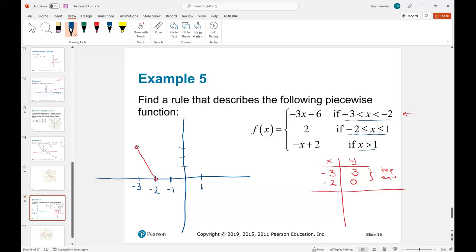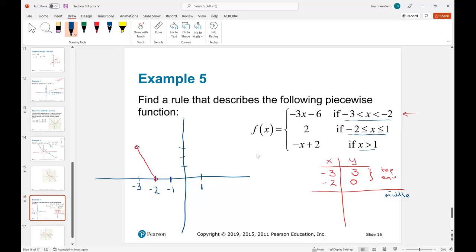I'll do them all in different colors. Then we have the middle part, right? The middle part is 2, and that does include -2. So when x equals between -2 and 1, including both endpoints, my y value is 2.